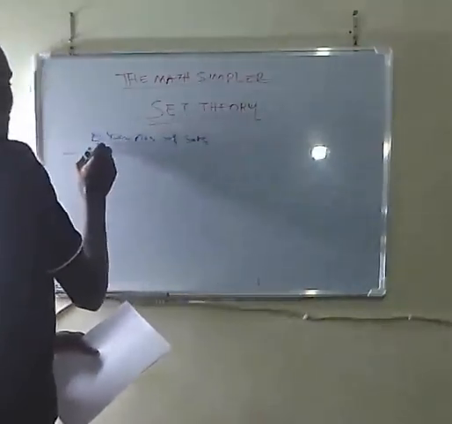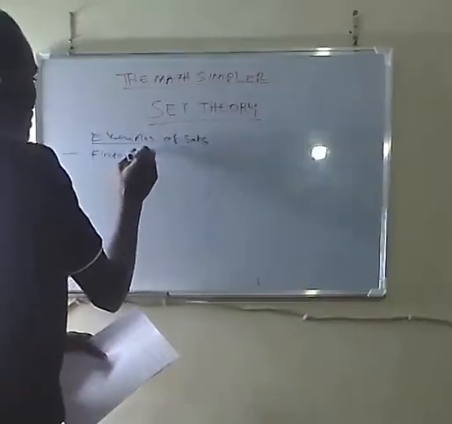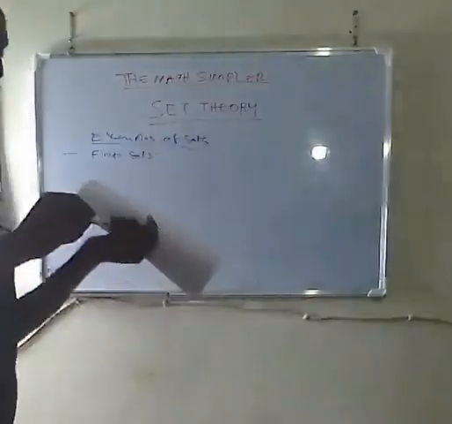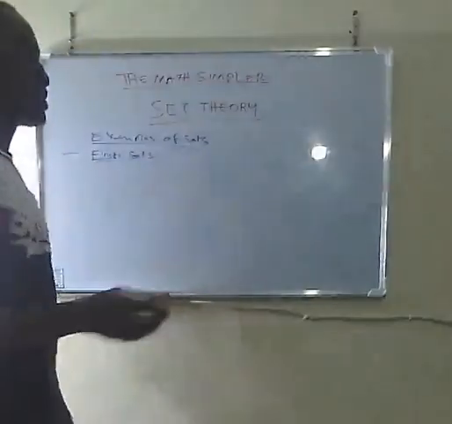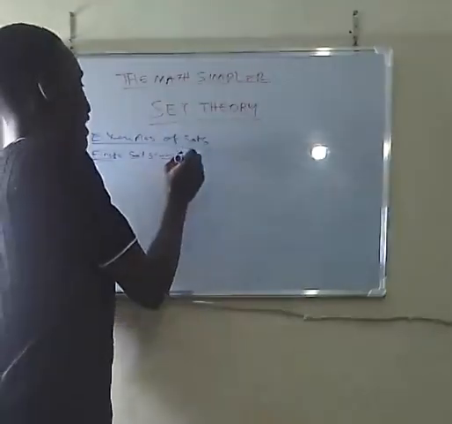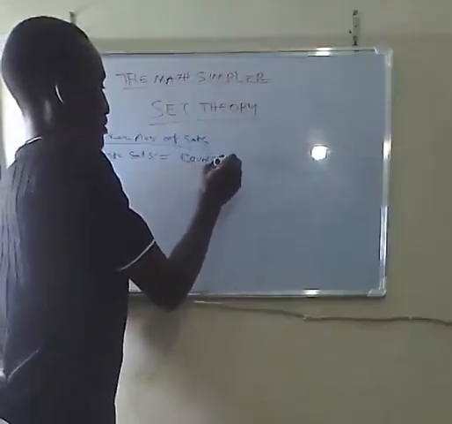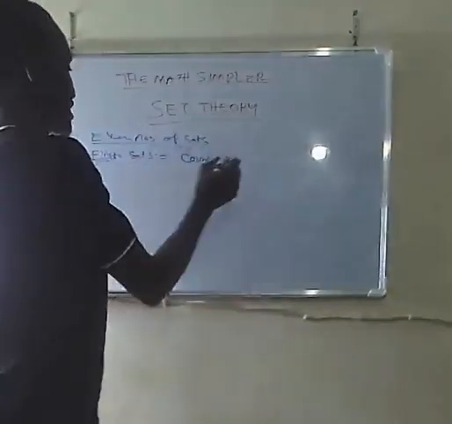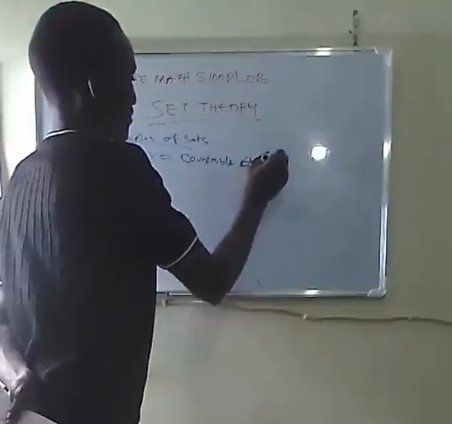These are countable. Meaning a finite set is a set with a countable number of elements. Then the next one we have is infinite.